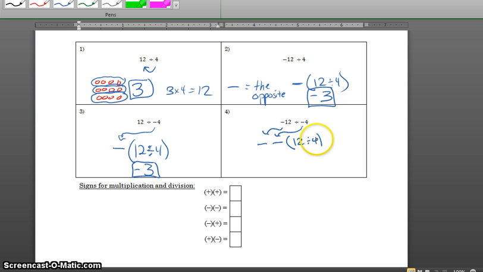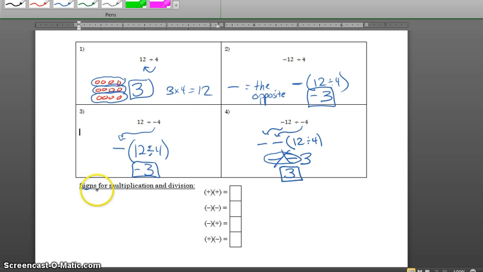Or what is the opposite of 12 divided by 4? Start with the parentheses. 12 divided by 4, we know that is 3. What is the opposite of 3? Negative 3. And what is the opposite of negative 3? Back to positive 3. So it's almost like these two negatives canceling each other out.